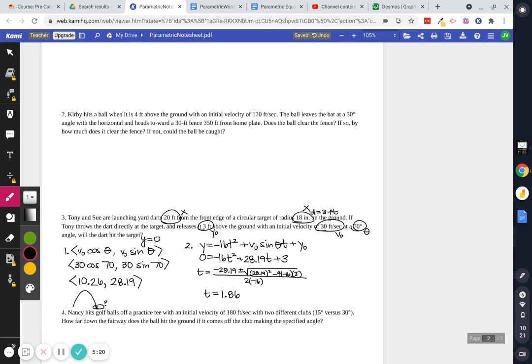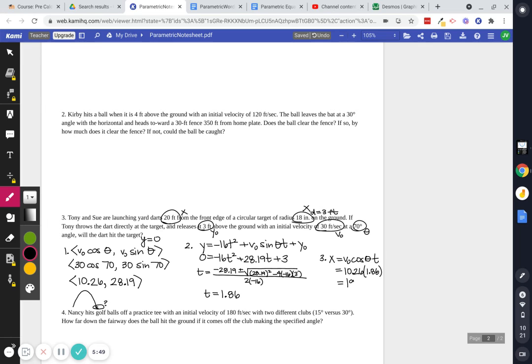Now, in order to get back to the ground, it has also traveled horizontally. So let's dive into that. We've got our cosine theta times our t. I don't know how far it is. I'm hoping I hit the target 20 feet away. My velocity is 10.26, my time is 1.86, and my distance is not looking so hot.